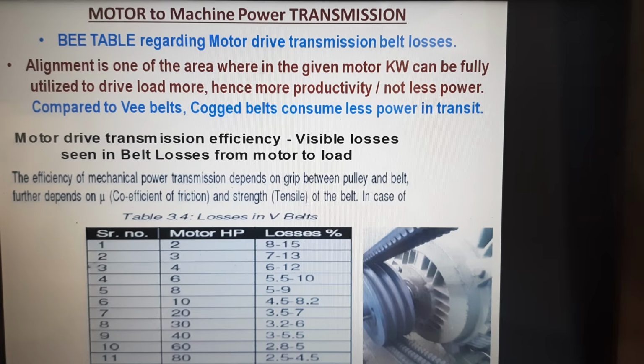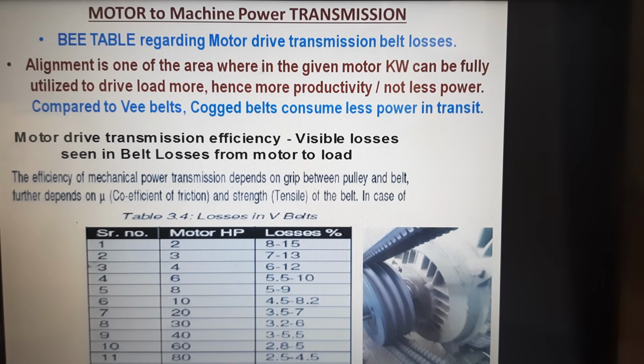Alignment is one area, and if the belt is sized correctly for the given power carrying capacity, especially with energy efficient cogged belts, the self consumption of the belt transmission is less compared to the classical V belts. Definitely you can have appreciable savings.